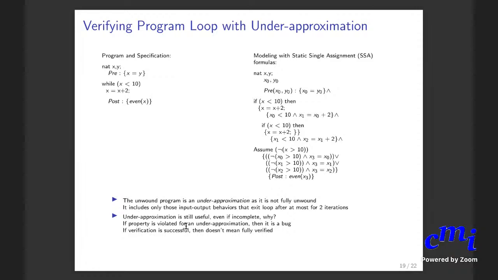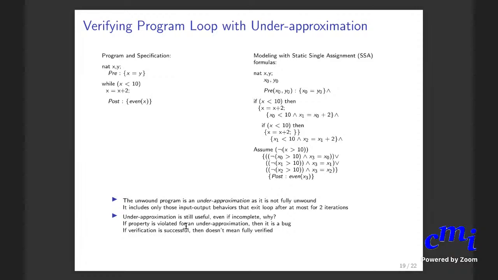Okay, and yes, loops are handled in two different ways. One is, of course, the full unwinding, and it will not work for anything but very short and simple programs. And it certainly does not work for programs that don't terminate and for which the number of iterations cannot be easily determined.